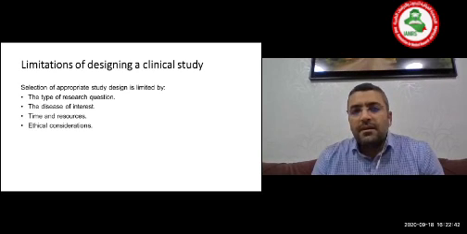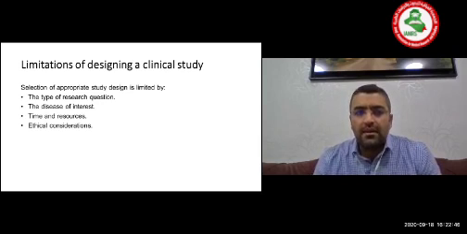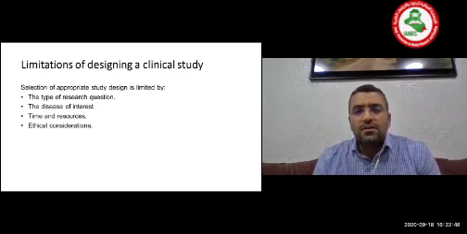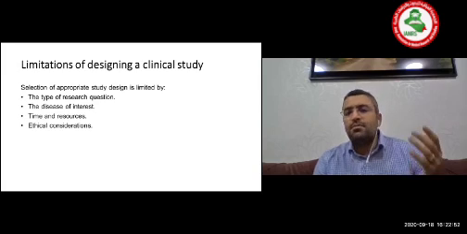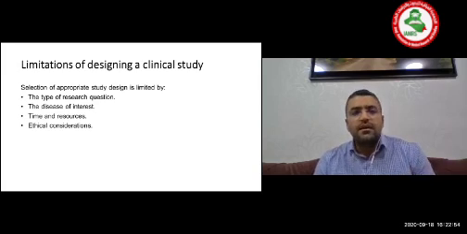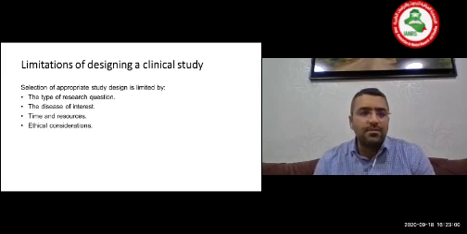However, there are limitations in designing a clinical study. It's not a very simple thing, because selection of the appropriate study design is limited by, first of all, the type of research question and the disease of interest. Sometimes the disease is very rare and you cannot collect an adequate sample size.